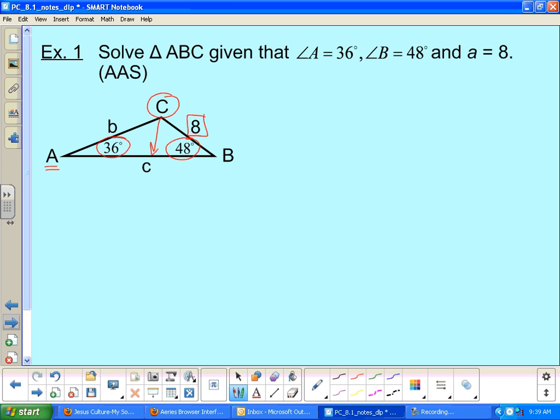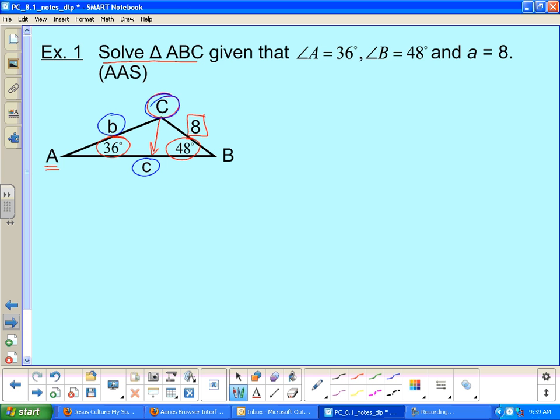Okay, so solving, what does that mean? I'm going to solve the triangle. I want to find all of the missing pieces, all of the missing angles and all of the missing sides. In this case, I have two unknown sides, B and C, and I have one unknown angle.